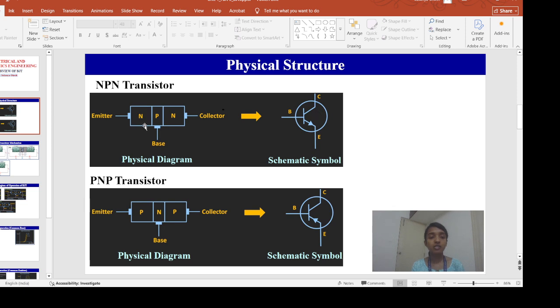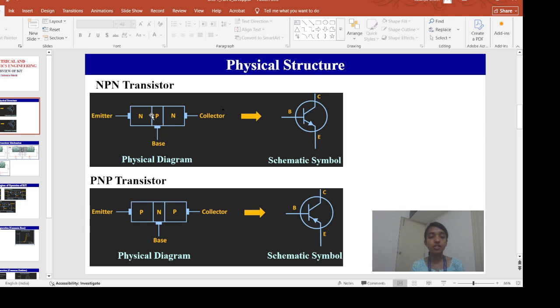The first case we call an NPN transistor, and the second case we call a PNP transistor. There are three terminals in a BJT, for both NPN and PNP transistors: emitter, base and collector, and there are two junctions. Here is one junction, here is another junction.